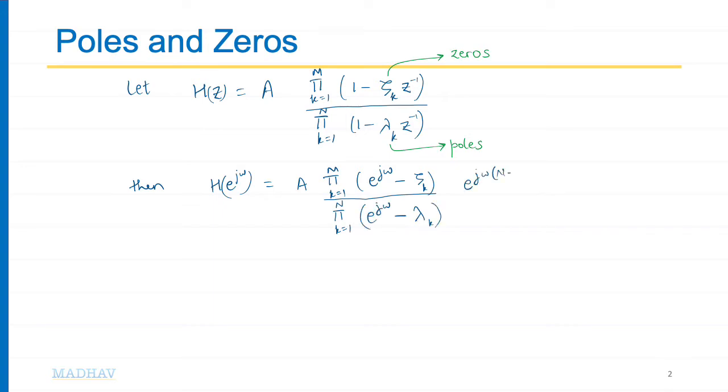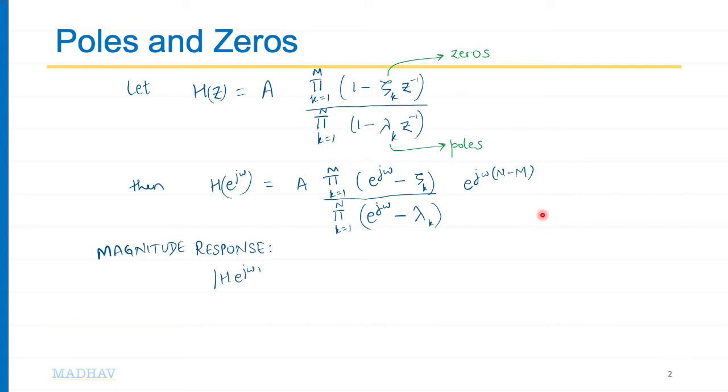Now one thing you notice is that instead of z inverse I took the z here, before the negative sign, and then I took z inverse common, and because of that this extra term appeared, and the order of this term will be equal to N minus M, right?